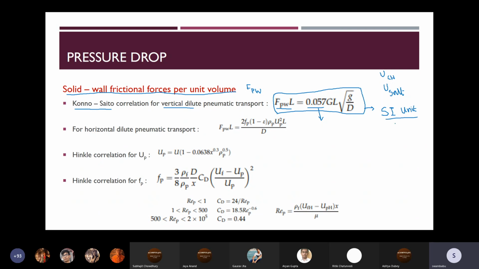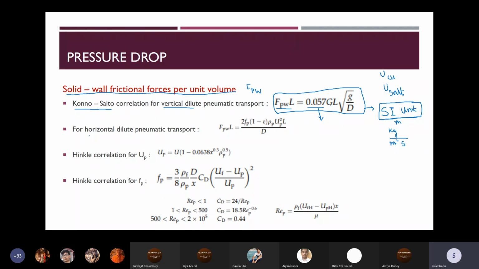That means diameter has to be in meters, and G is the mass flux, in kg per meter square second. If you use wrong units, you will get totally wrong values, wrong answers. Please note that you will have to use SI units for all the correlations in this topic. In today's lecture slides and yesterday's class slides, whatever correlations I am showing strictly need SI units.